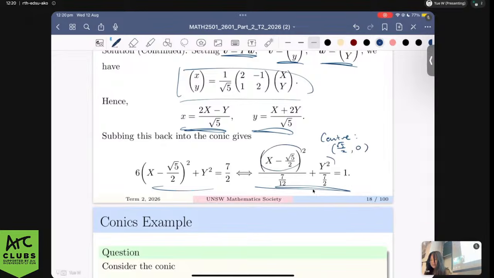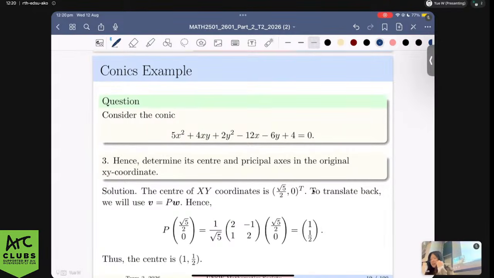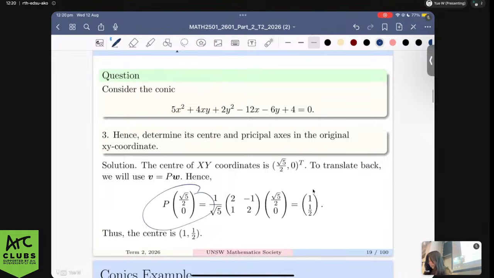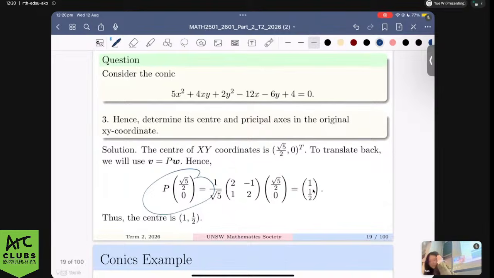You just look at these two expressions here. So because you know that the center is square root of 5 on 2, 0, you can sub it into this expression here, and you just expand out the matrix to convert it into the xy coordinates. So that means that the center is just 1/2.